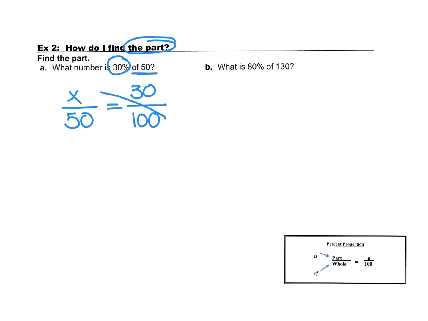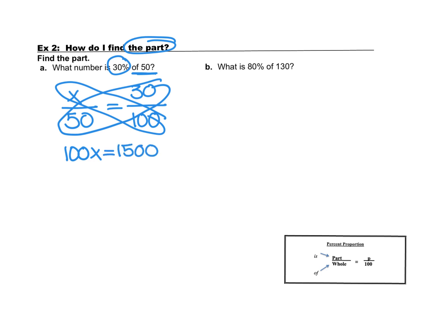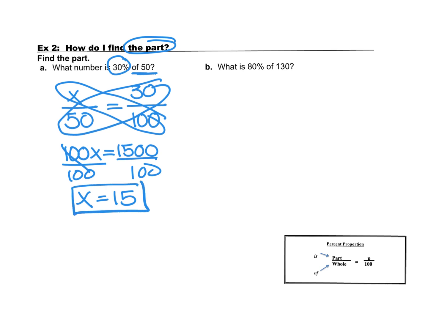We're going to solve this by cross multiplication. So I'd have 100x is equal to 1,500, and then we'll divide by 100. And x then would be equal to 15. So 15 out of 50 is equal to 30%. We're not putting the percent behind it because we did not solve for the percent. We just solved for what number.